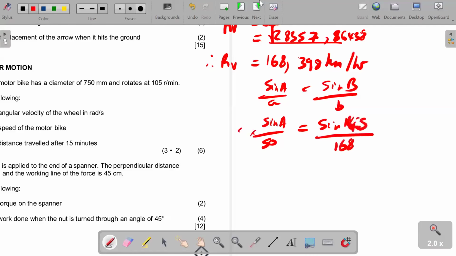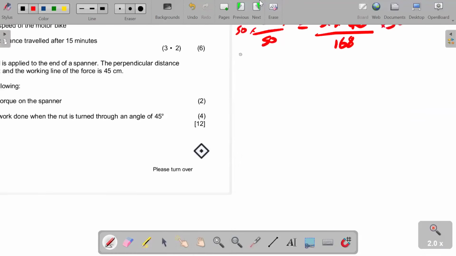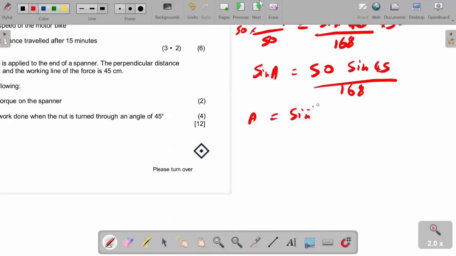Multiply by 50 on both sides, and we are left with sine A is equal to 50 sine 45 over 168. So A is equal to arc sine of 50 sine 45 over 168.